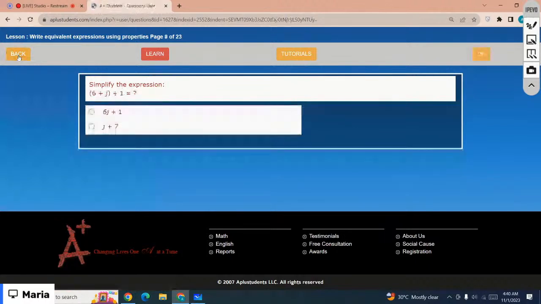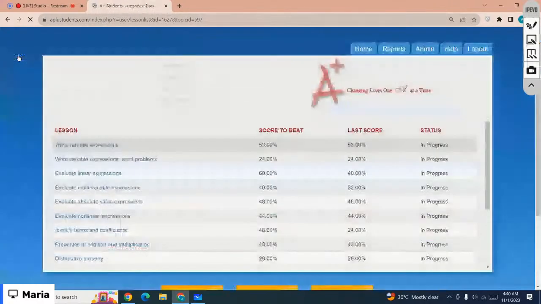So we were working on grade 7 math. The chapter we're working on is expressions and properties, I think.